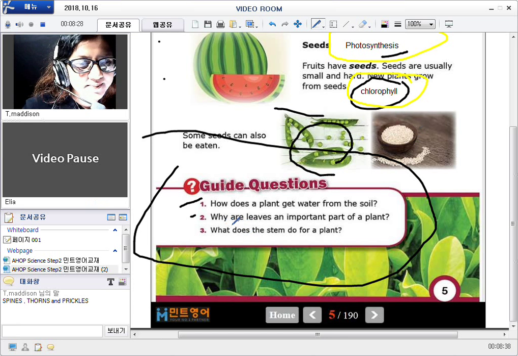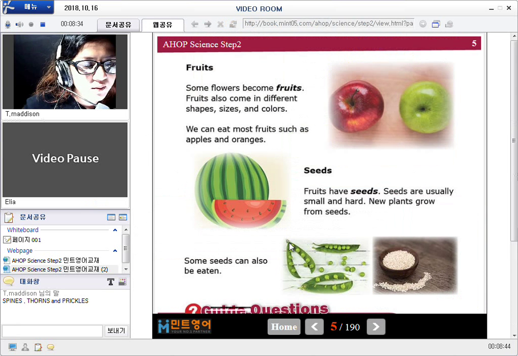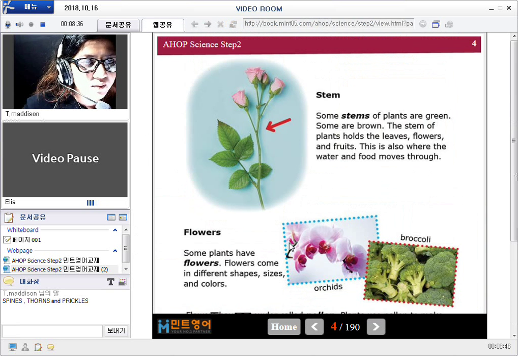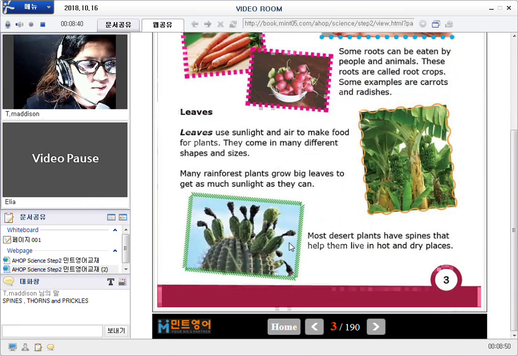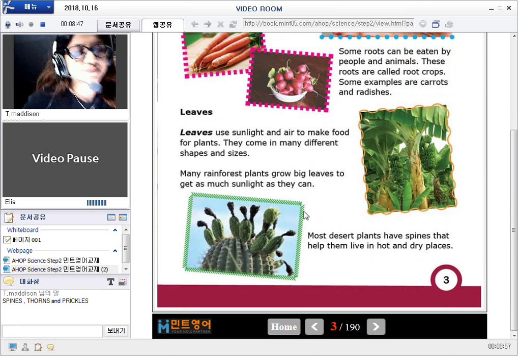Number two asked us why are leaves an important part of a plant. The reason is they are bigger than other parts of a plant, so they can get as much sunlight as they can. That's why they are important. Yes, exactly.